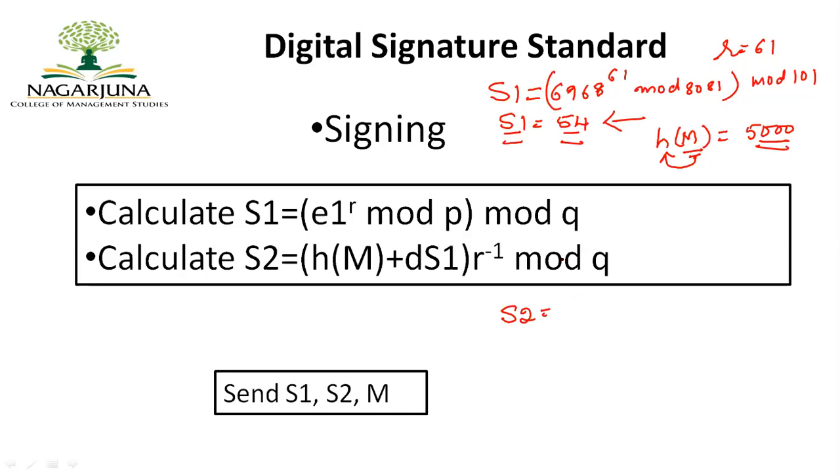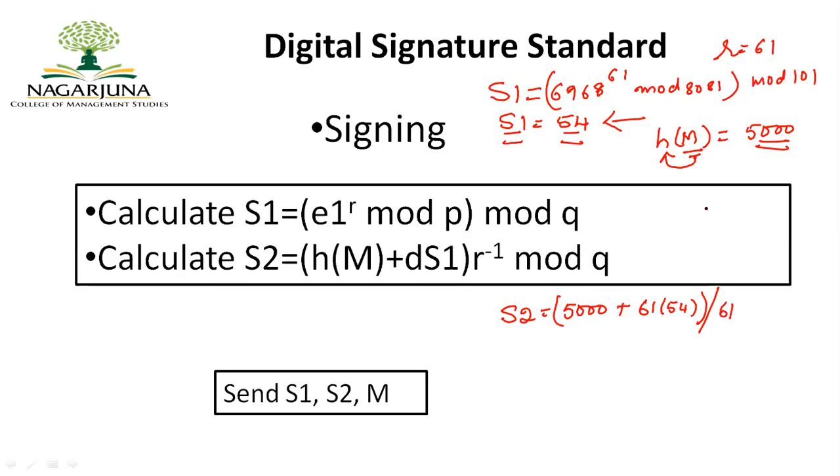Now S2 is equal to, I'll substitute here 5000 plus D value, which is taken as 61, and you perform a product operation with your S1, which is 54, and then you're going to divide this by your R value, where our R value is 61. See, R inverse is nothing but when it goes to the denominator, it becomes R to the power of plus 1.